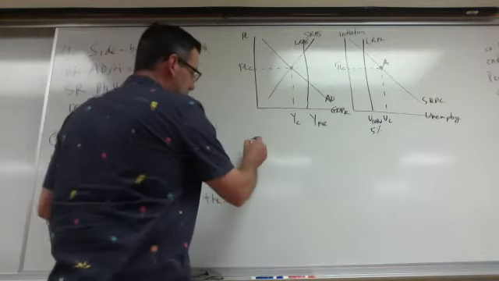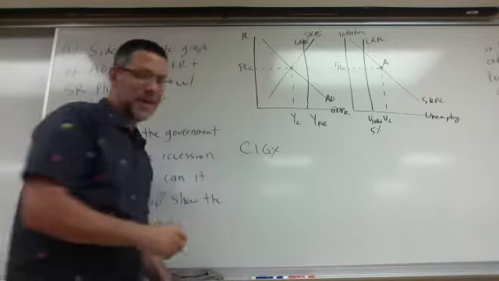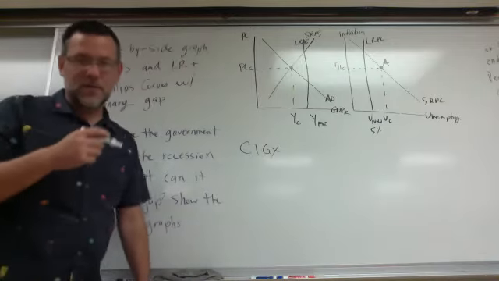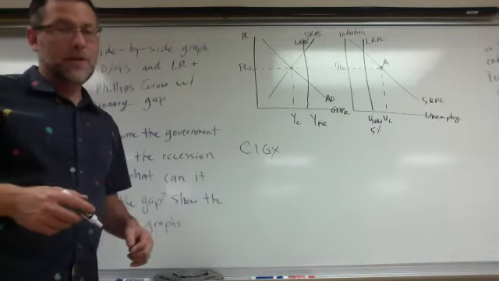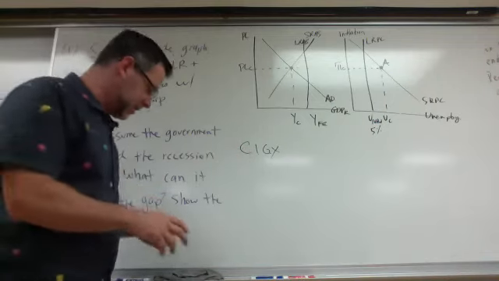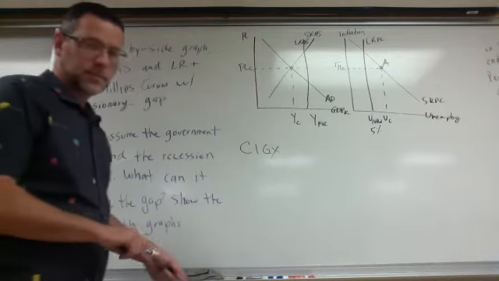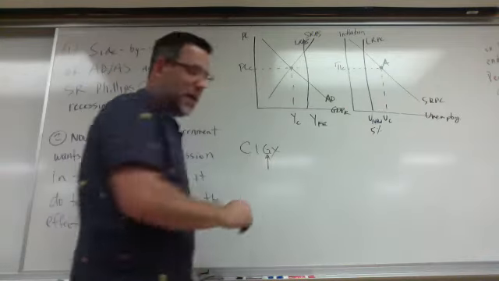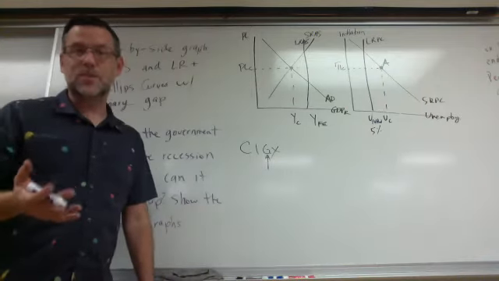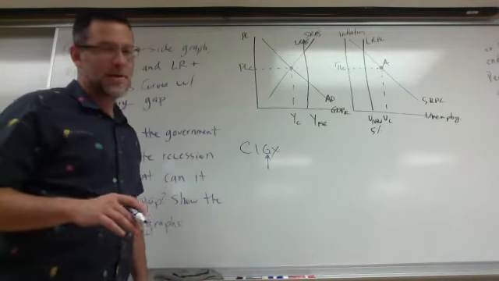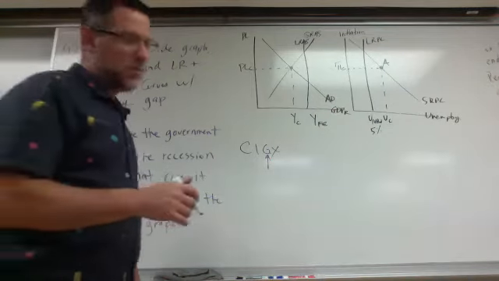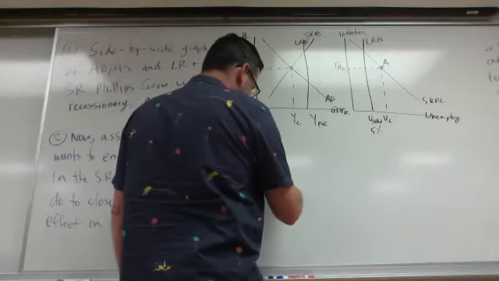Remember, aggregate demand is spending on SIGICs. So if the government wants to change this, this is actually a lot easier to do. First of all, the government controls that right there. They choose how much they spend. So immediately, if the government wants to shift aggregate demand, it could just spend more or spend less.